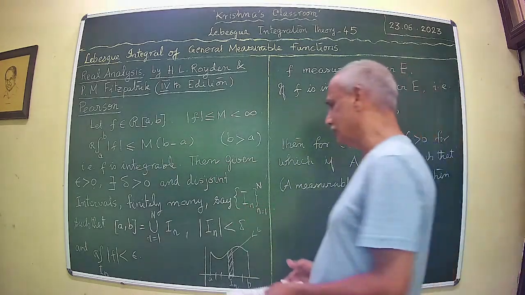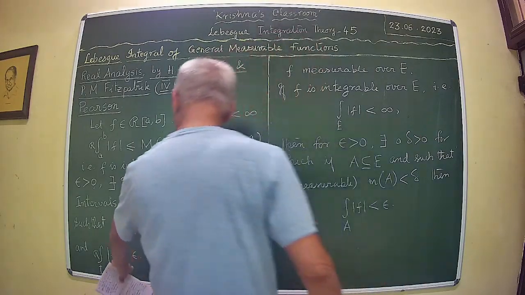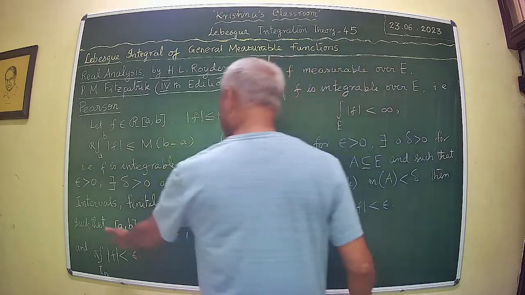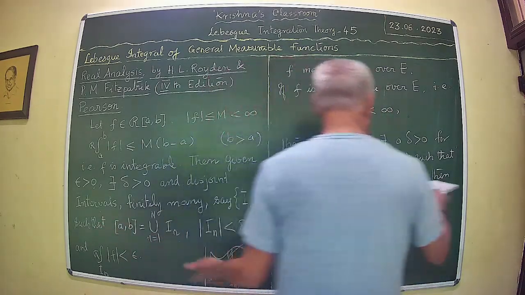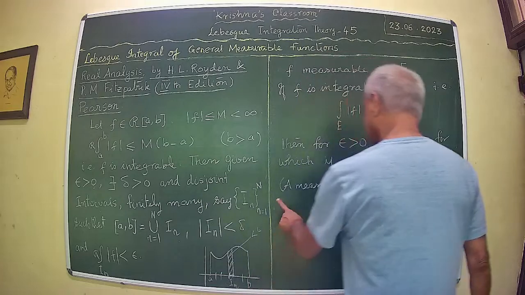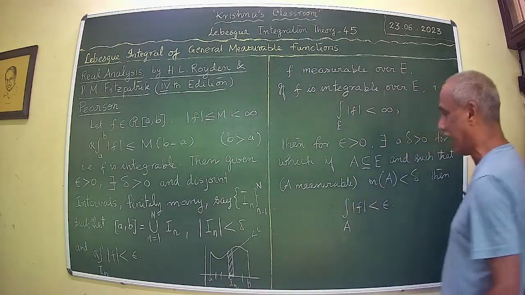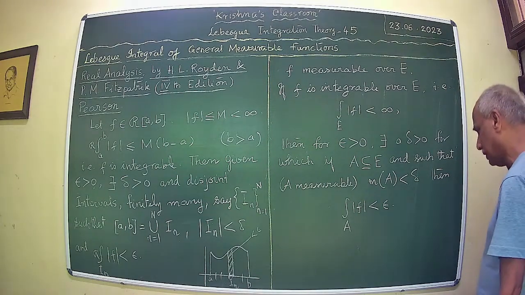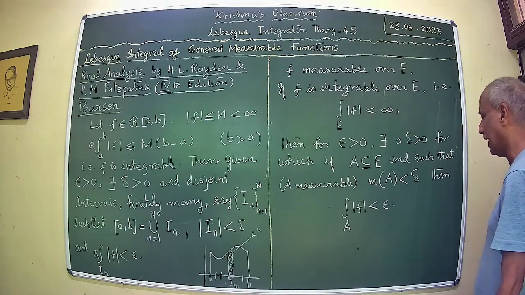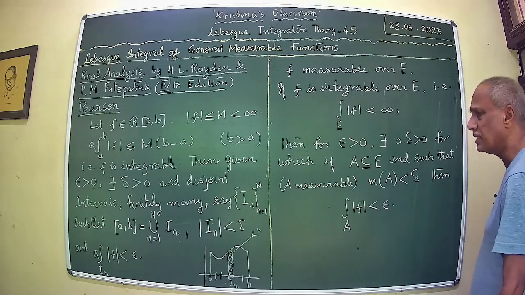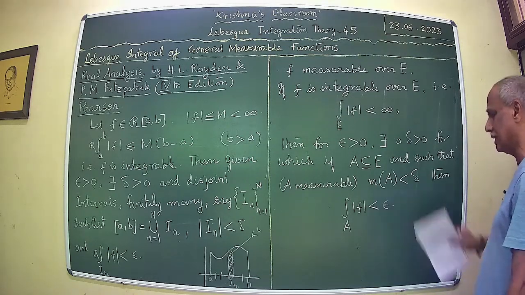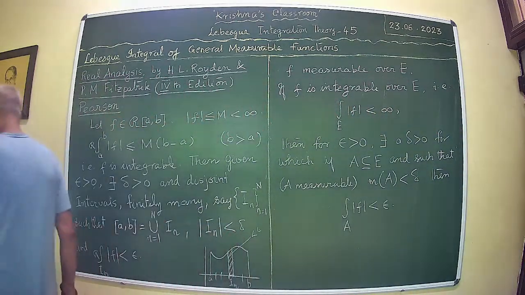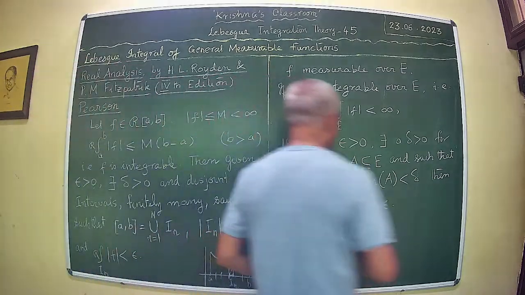Compare these two results. This part is now taken care of, and of course I am not using this; this is not necessary here. Here what I am saying is that for any A which is measurable and such that measure of A is less than delta, this integral is less than epsilon. So that's the generalization that you have.